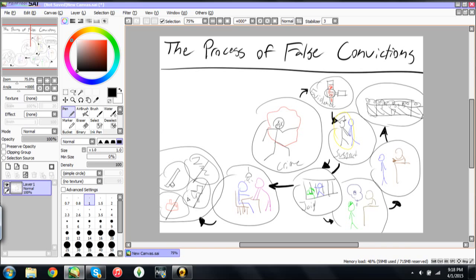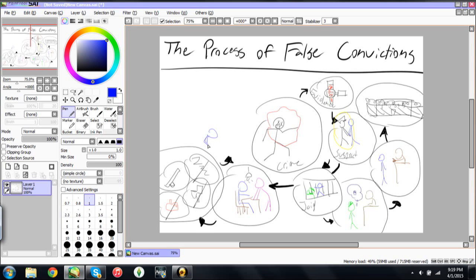These are the forms of torture that are often used while interrogating difficult suspects. But eventually, the suspect breaks down to a point where our suspect actually does confess.